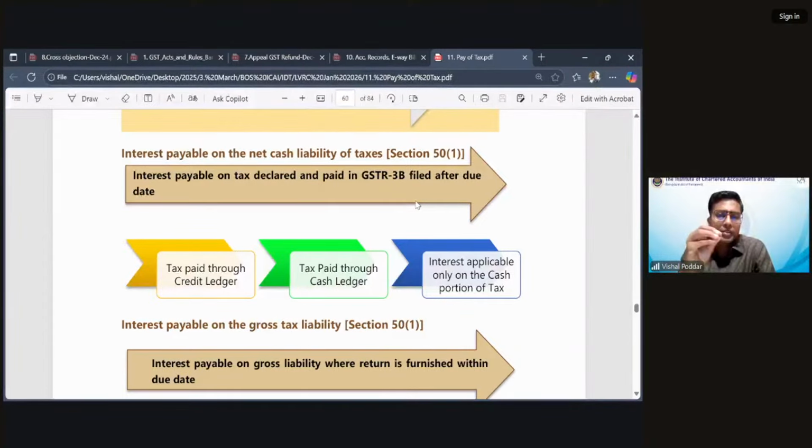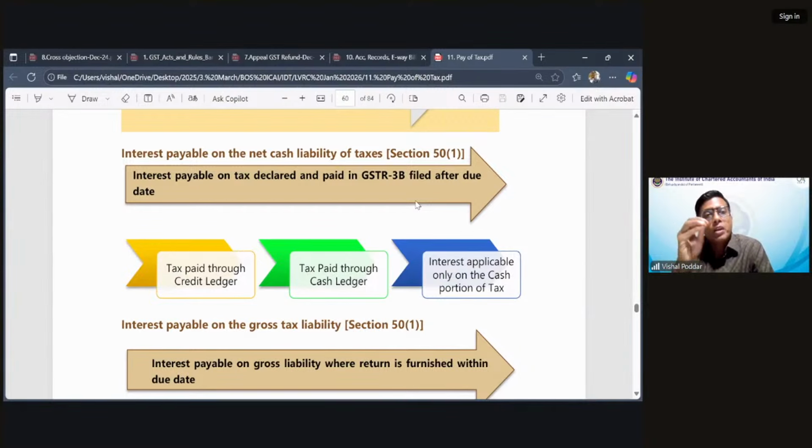So taking for example, I have done transactions in the month of August, which I have to pay tax in the month of August. So I have reported in the GSTR month of August and I will be paying tax through the GSTR 3B of August. But this GSTR 3B of the August return itself is deferred and I'm filing it in the month of November, that is late.